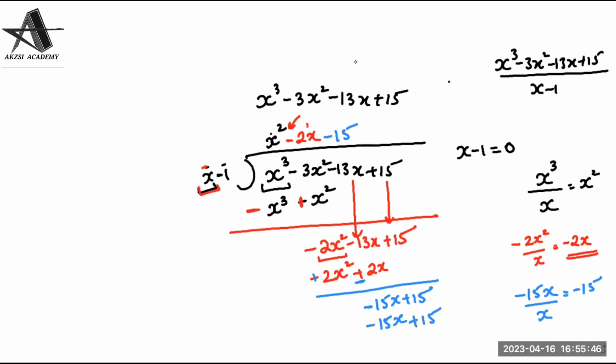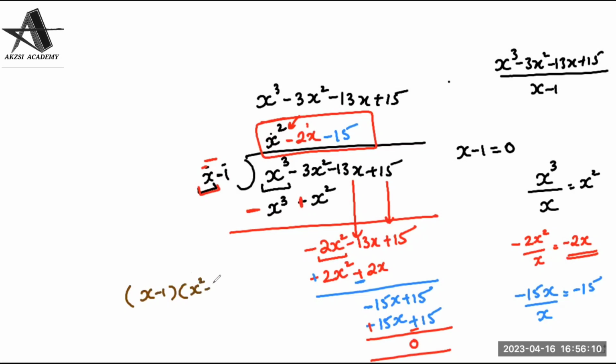Just subtract it and you get 0. If you're getting 0 down there, that means yes, it's a factor. And these are the other factors. That means x cubed minus 3x squared minus 13x plus 15 can be written as x minus 1 times x squared minus 2x minus 15.